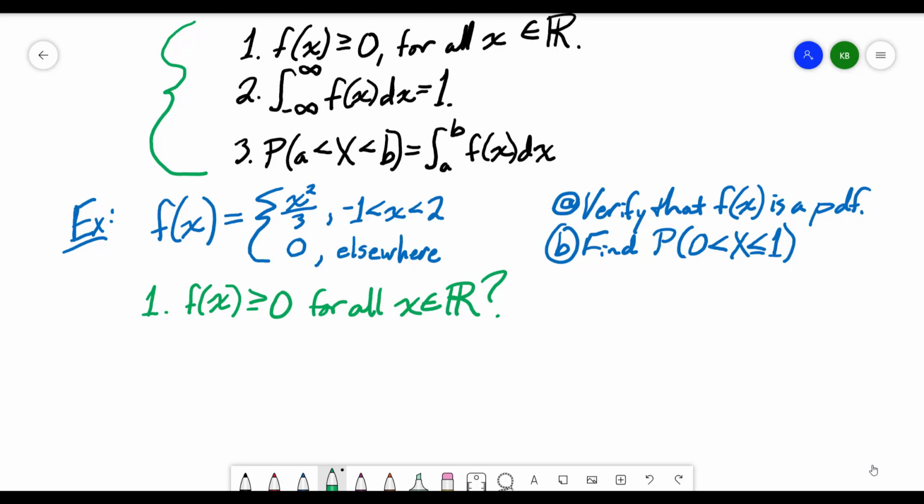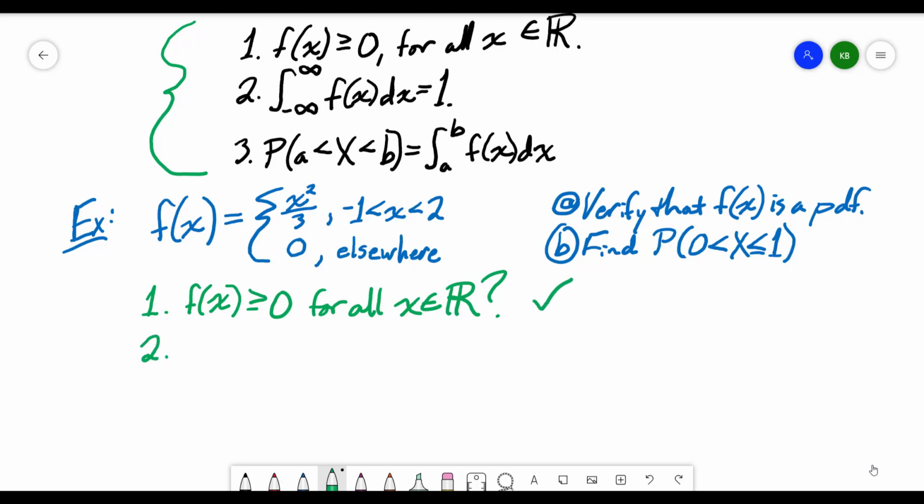You can do this multiple ways. You could graph it. You can just plug in some values. We can notice that x squared is in our numerator, and our denominator is positive. Whenever we square a number, it is positive, and a positive number divided by a positive number will be a positive number. So there's no way that negatives will enter this equation. So our function satisfies this.